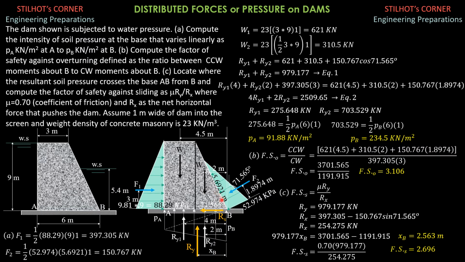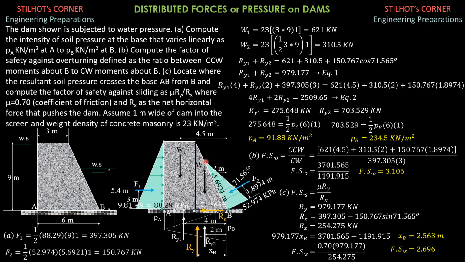So sine of 71.565 degrees equals 5.4 divided by the hypotenuse. So therefore, the hypotenuse is 5.4 divided by sine of 71.565 degrees. And that's why you have here 5.6921 meters.